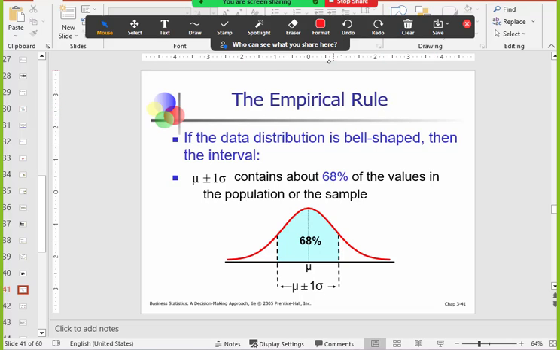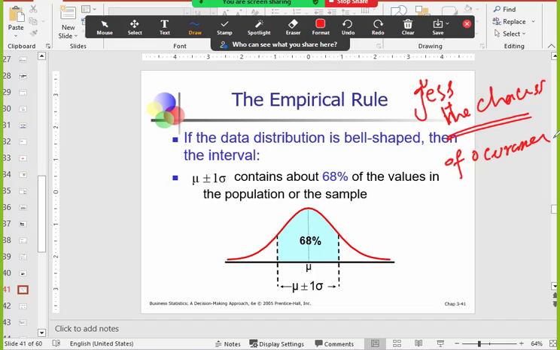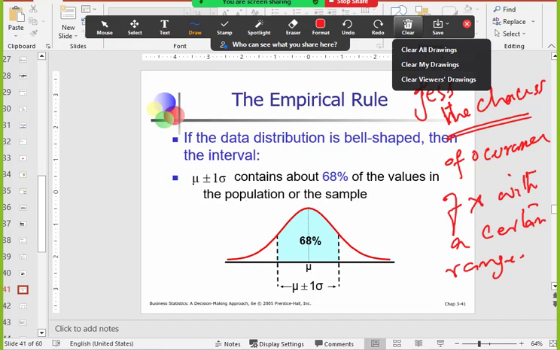The empirical rule is the formula that helps us to guess the chances of occurrence of an observation, of X, within a certain range. I will read this and then we'll go towards examples.